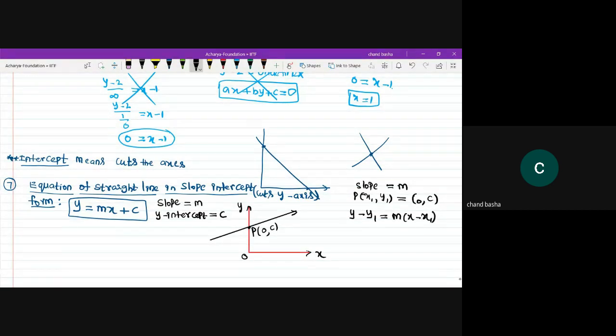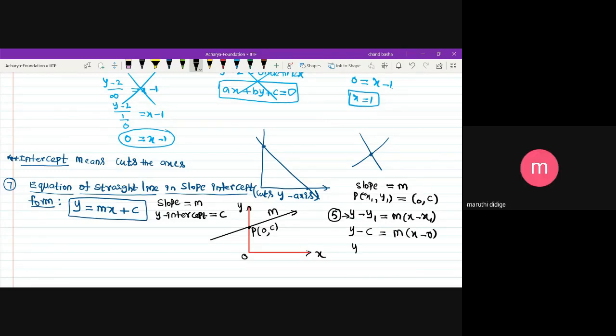The 5th point. Y minus y1 is equal to m into x minus x1. Y minus y1 value is c, is equal to m, the slope of this line, into x minus x1, and x1 value is 0.